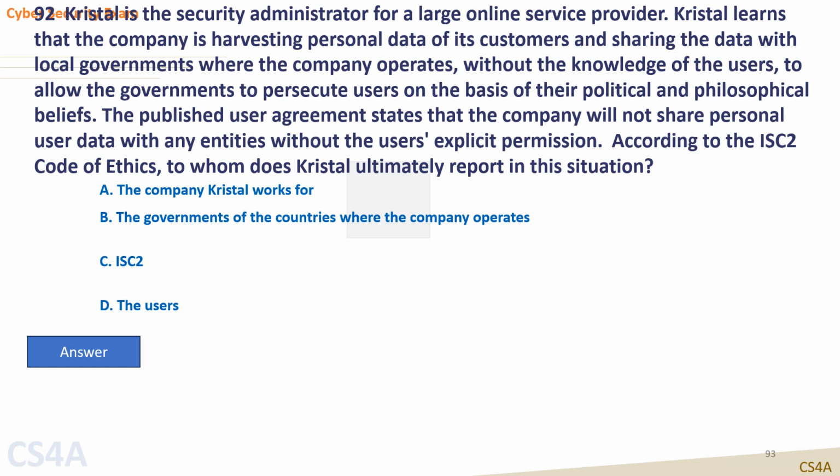According to the ISC Square Code of Ethics, to whom does Crystal ultimately report in this situation? Okay, so the company Crystal works for, maybe the government of the country where the company operates, maybe ISC Square. The ISC Square is definitely not the answer because it's irrelevant. And the users, as per the ISC Square Code of Ethics, the user is the correct answer. Option D is the correct.